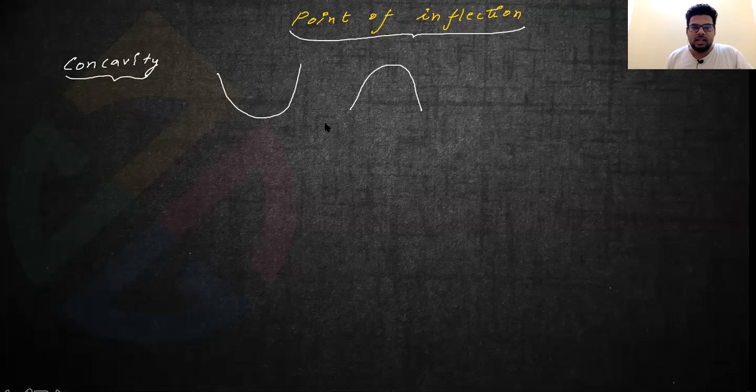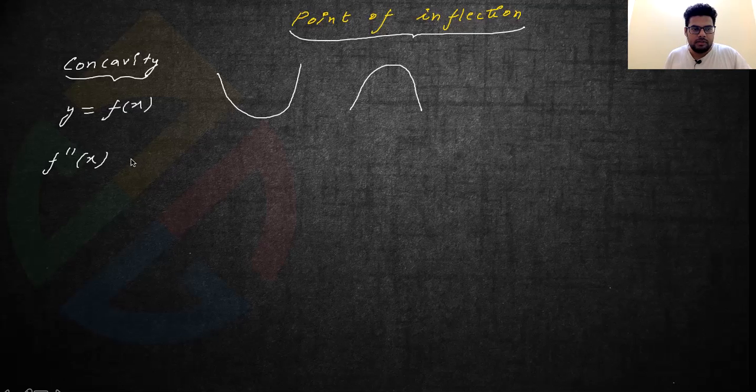So how do we decide that the curve that we are having is concave upward or concave downward for a particular interval or for particular values of x? So let us say we have a function y equals f of x. So you find out the double derivative f double dash x, of course, if it exists, right?